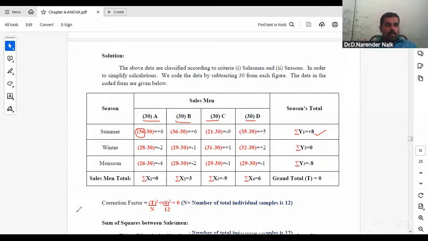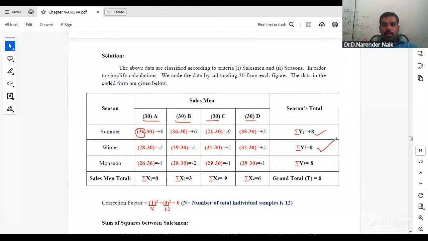The next one. See, 28 minus 30. So plus 6, plus 6, minus 9, plus 5, minus 2, minus 1, plus 1, plus 2.